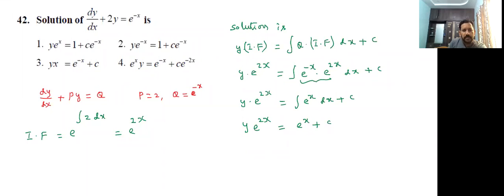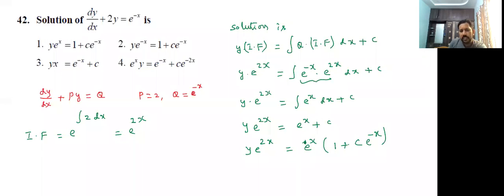Now by observing the options, how to do the calculation, tell me? On the right hand side e power x, we can write y e power 2x is equal to, or you can take e power x common on the right hand side, then what will come? 1 plus c into e power minus x.